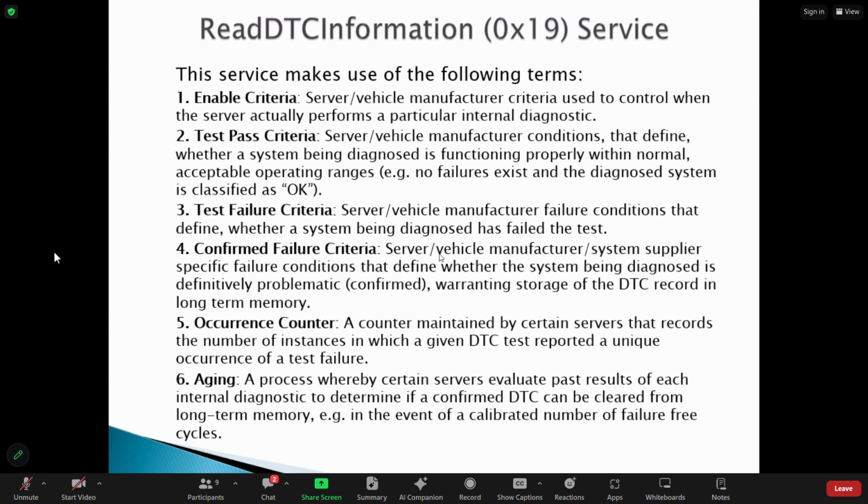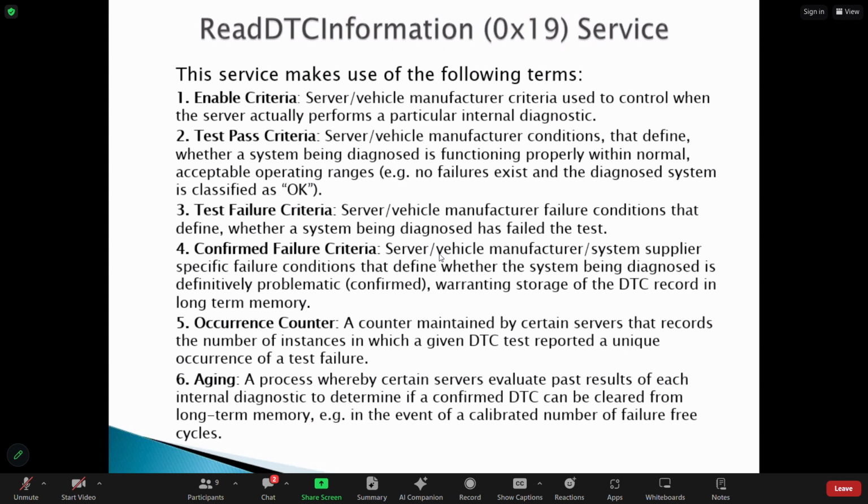So enable criteria is nothing but when the server is going to perform the test. See, to capture a failure, first the server or ECU has to perform the test, right? So this enable criteria tells when the server is actually going to perform an internal diagnostic. That is enable criteria.